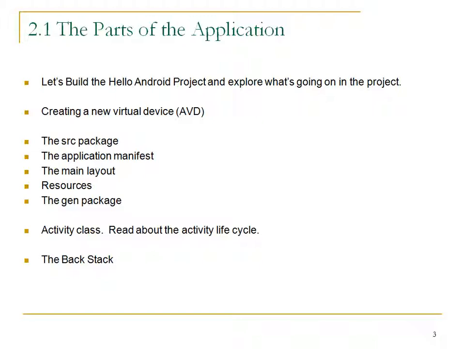I know you've done that already in the setup, but we're going to just keep making some. And we will look inside the application at the source package, the application's manifest, the main layout, the resources, the gen package, and then we will specifically look at the activity class. And we'll talk about the backstack. Let's go right away to Eclipse.